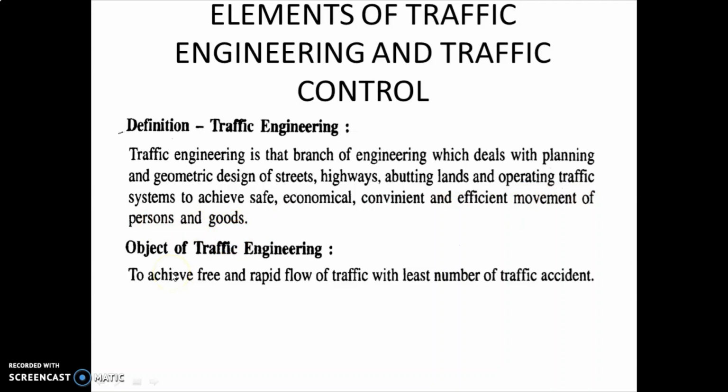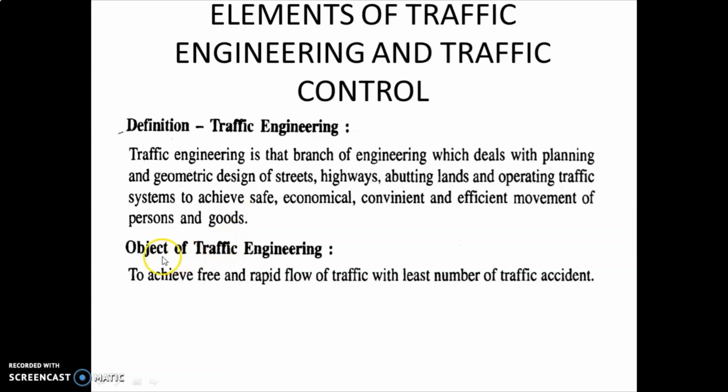Okay, so this is a very simple definition of traffic engineering. Ultimately our goal is to achieve safe, economical, convenient and efficient movement of persons and goods.